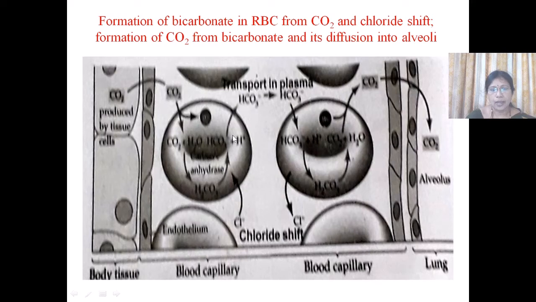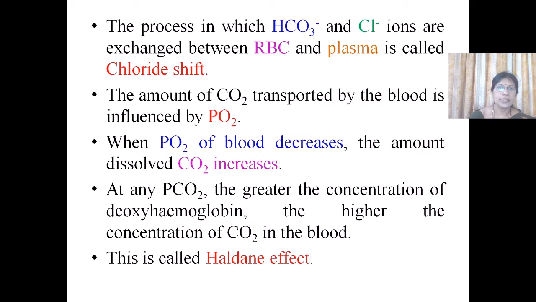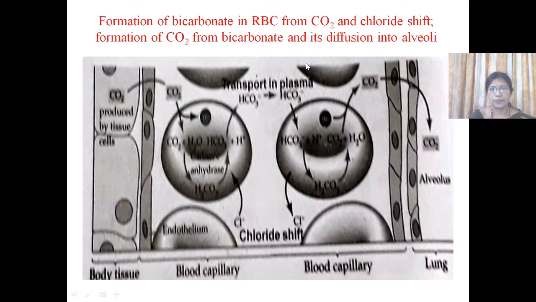Bicarbonate ions move from RBC to plasma. To maintain the balance, chloride ions from the plasma move into RBC. This phenomenon is called chloride shift. The process in which bicarbonate and chloride ions are exchanged between RBC and plasma is called chloride shift.